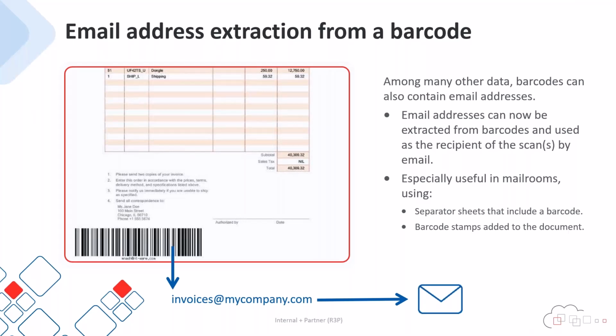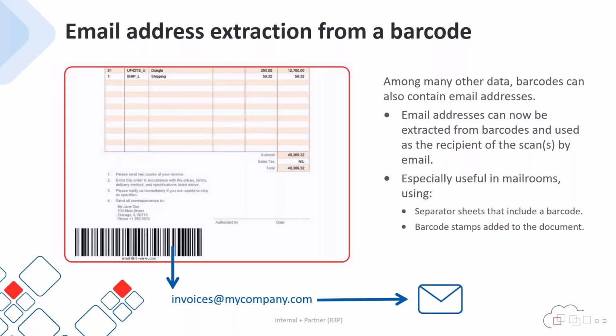With the latest release, uniFLOW Online can now extract that email address and automatically use it as the recipient for scanned documents. This is especially useful in mailrooms where separator sheets or barcode stamps are commonly used. It's all about reducing manual steps and speeding up the document distribution process.